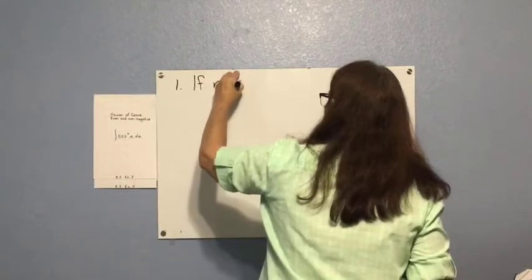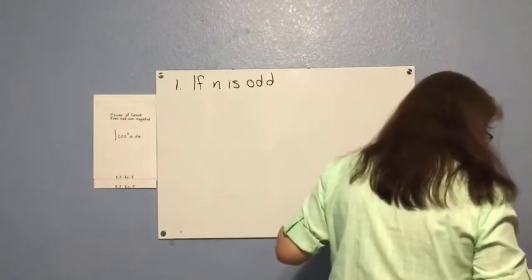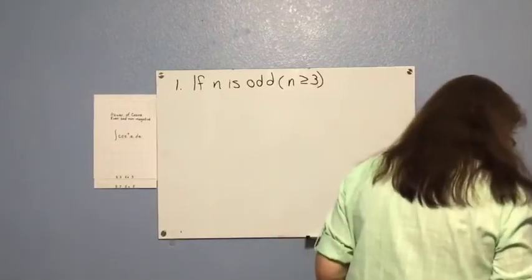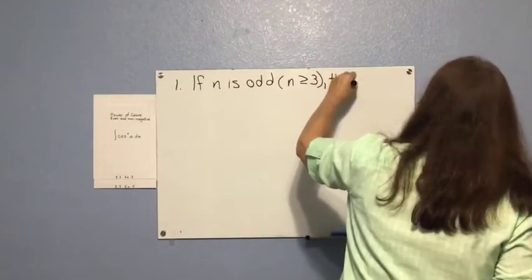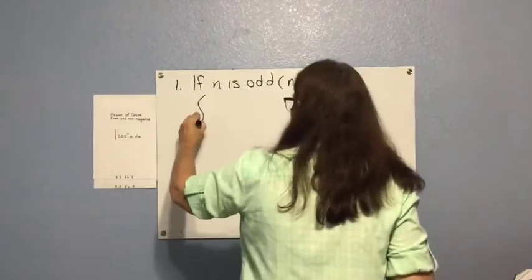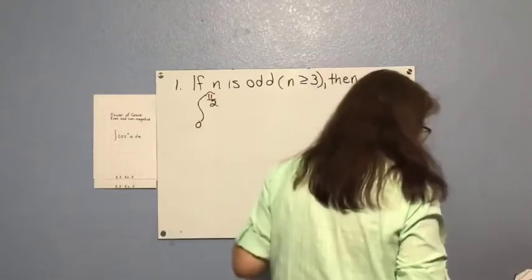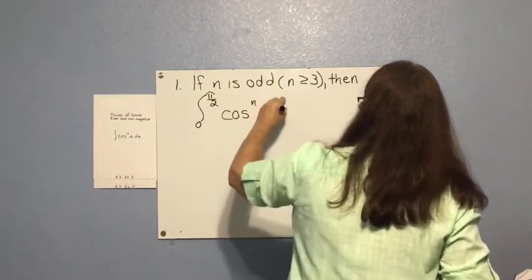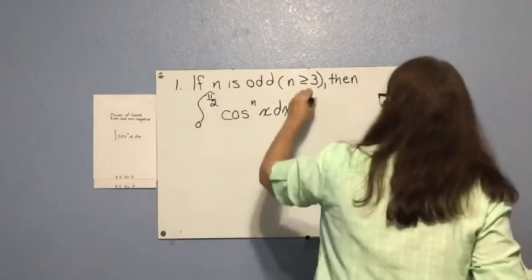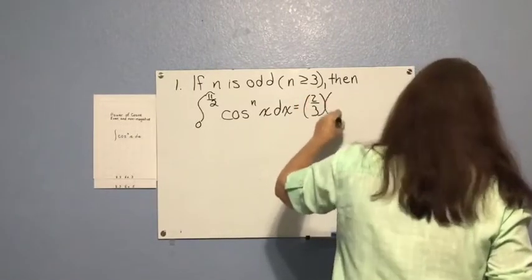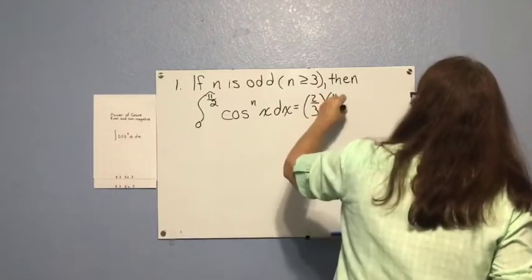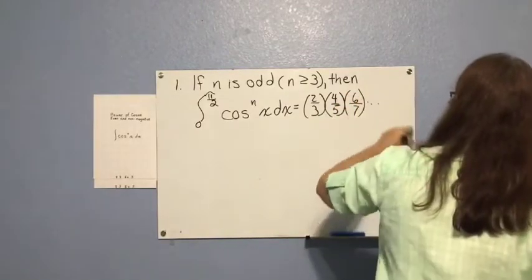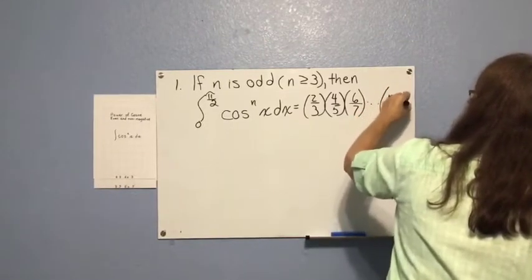If n is odd, and we'll say that n has to be greater than or equal to 3, so it doesn't apply if n is 1, then the integral from 0 to pi over 2 of cosine to the n x dx is equal to 2/3 times 4/5 times 6/7 until we get up to n minus 1 over n.